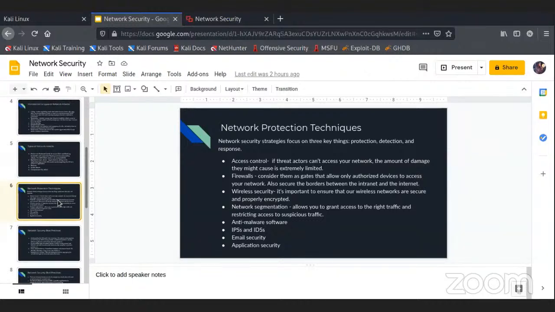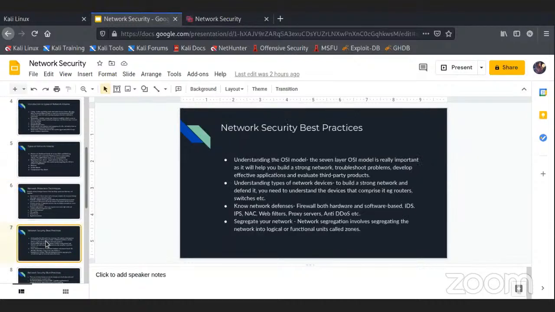We also have intrusion detection system, that is the IDS, and the intrusion prevention system, that is the IPS. Email security, where we educate members of our organizations to avoid clicking just any links that bring maybe compromised emails, and also application security.